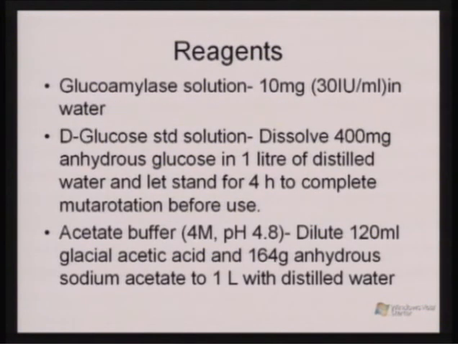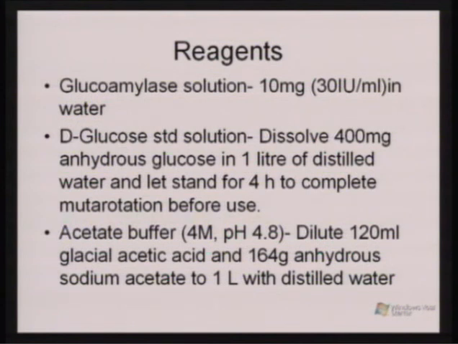The reagent required for this methodology is glucoamylase solution, 10 milligram or 30 IU per ml in water. The second reagent is D-glucose standard solution. To make it, dissolve 400 milligram anhydrous glucose in 1 liter of distilled water and let it stand for 4 hours to complete mutarotation before use.